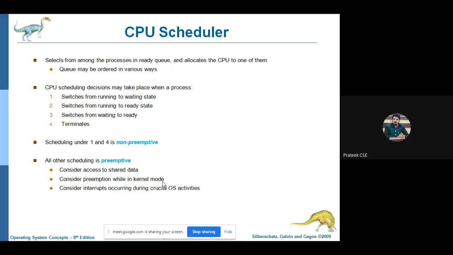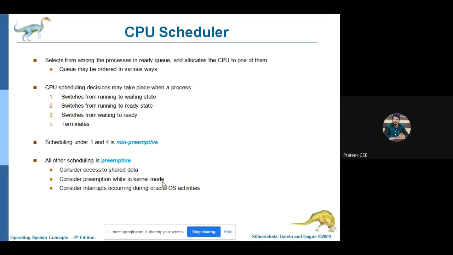Then we talked about the short-term scheduler, also known as the CPU scheduler, whose task is to choose any one process from the ready state or from the RAM and assign the CPU to that particular process. After that, we learned some other interesting terms: what is a context switching, what is a dispatcher.